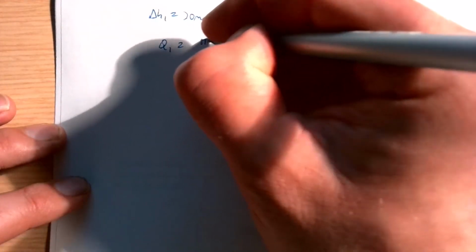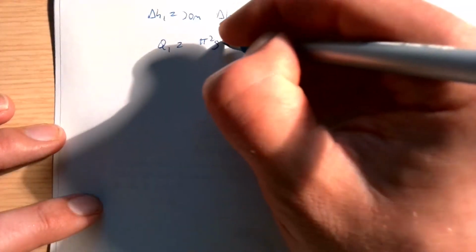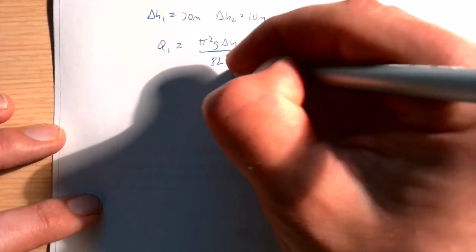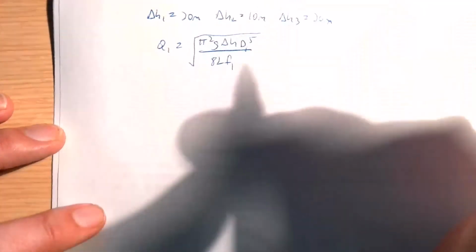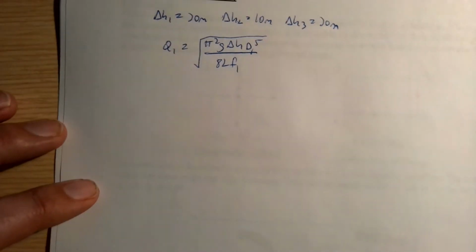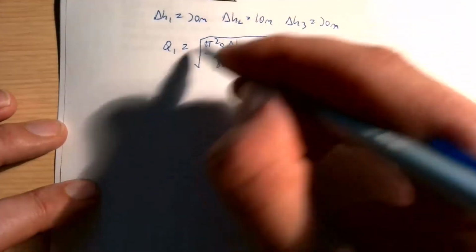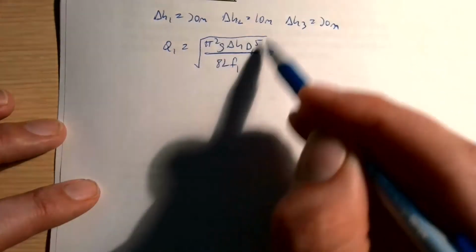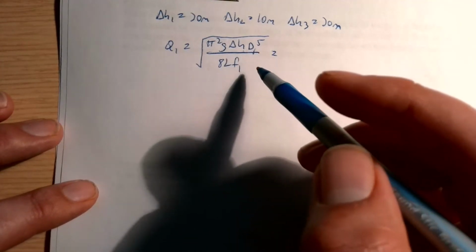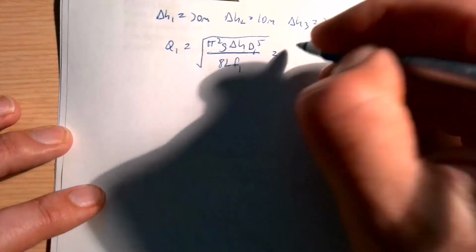Now I can get Q1 equal to the square root of pi squared g delta H d1 to the 5th over 8 L F1. This is our Darcy-Weisbach equation, and I can group everything together except for the delta H and the friction factor.